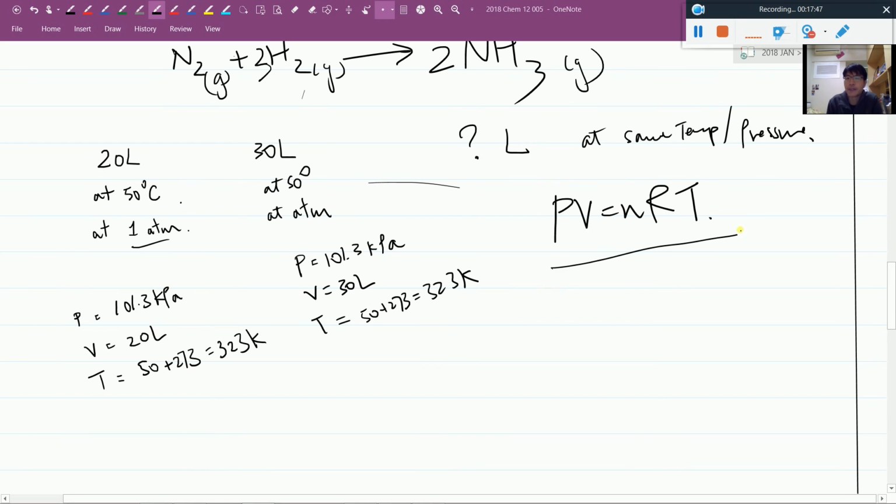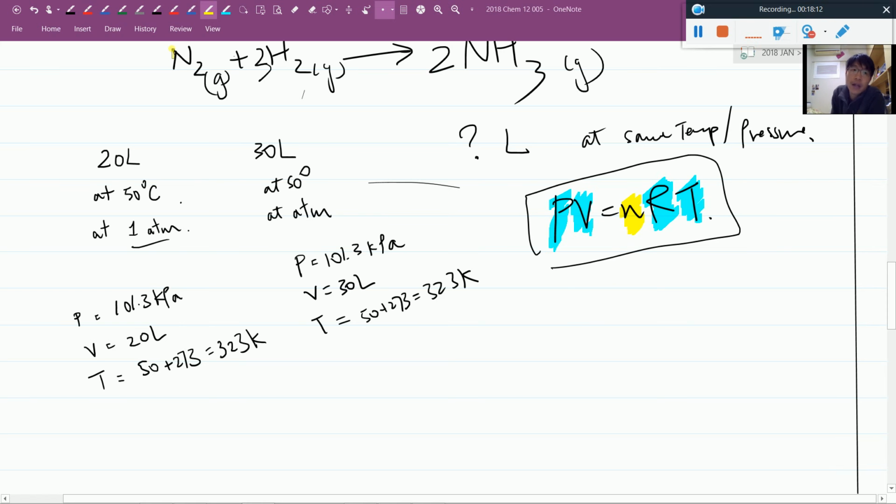If you have the pressure, the volume as well as the temperature, and R is always the constant, equals 8.31 as long as you use the right units for the other three, then the one we can find out is the little n.